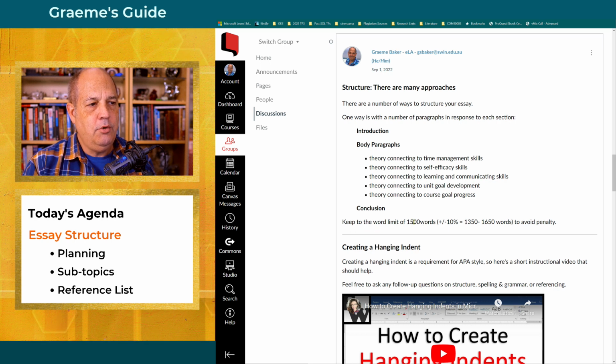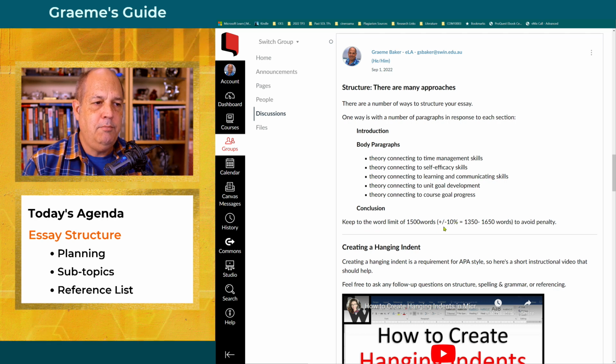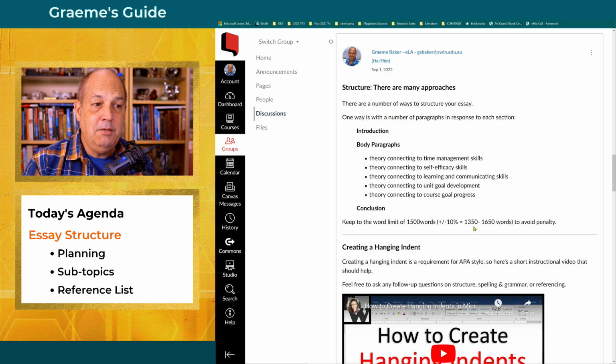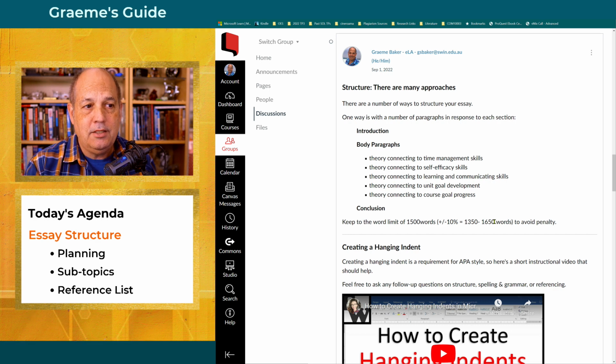And as we know, the word limit should be plus or minus 10%. So the minimum is 1,350 words, and no more than 1,650. We stop marking at 1,650 words. So you're not gaining marks if you're writing more than that.